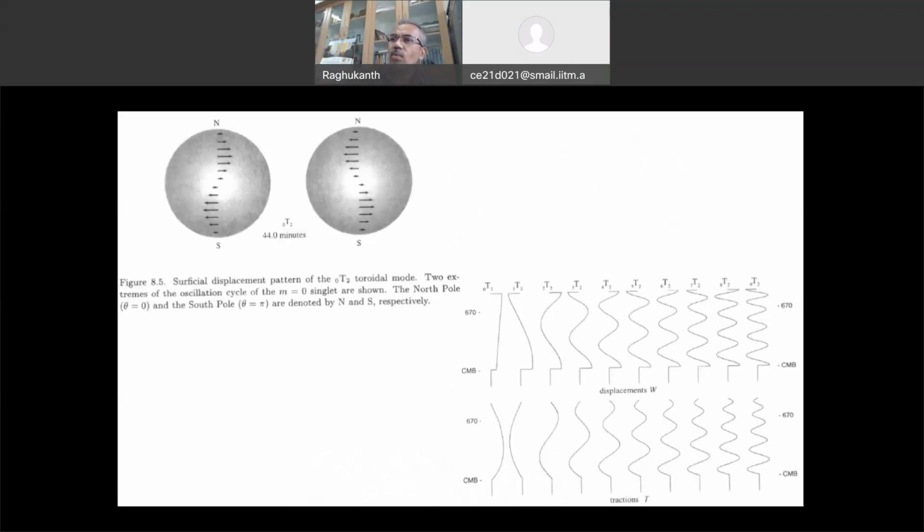That is the 0T2 mode, and these are the displacements. See here, what is happening in the displacements after the core mantle boundary? Can you observe? All the modes are oscillating, and suddenly there is no displacement. Why no displacement?